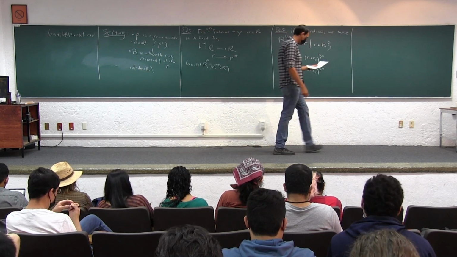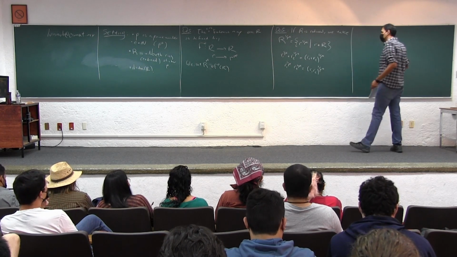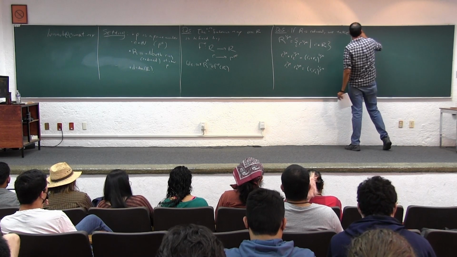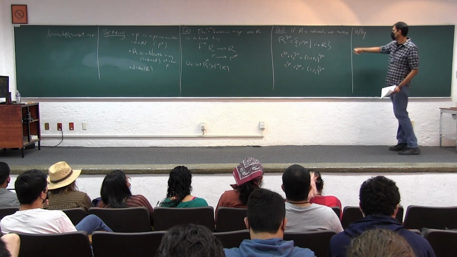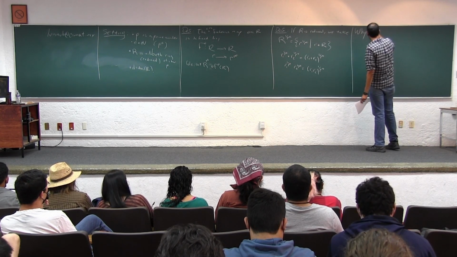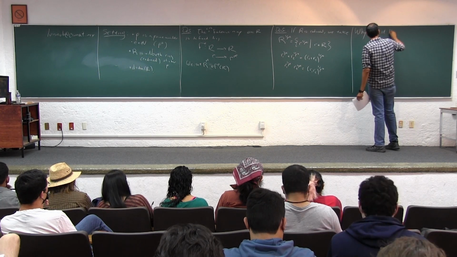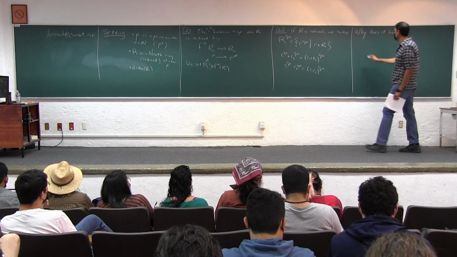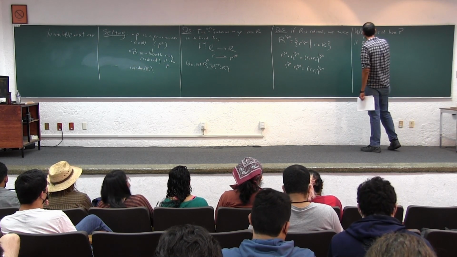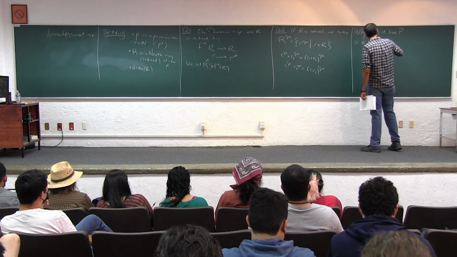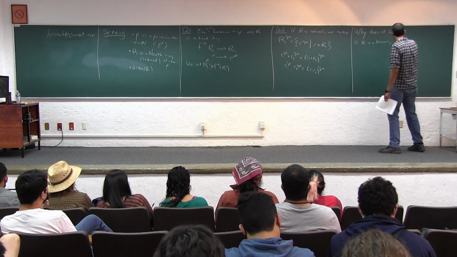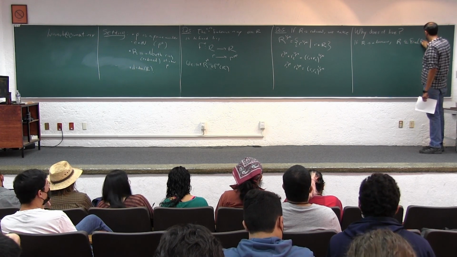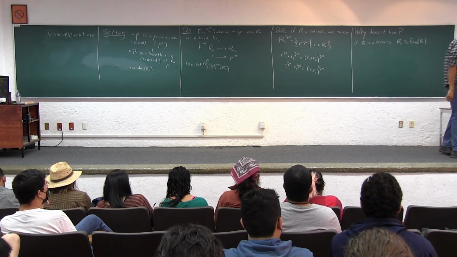Now, I said formally, but I did not define that formally. A usual question that I have when I introduce this subject is, where does it live? So if R is a domain, we have that R is contained in its fraction field, when we localize at the prime ideal given by 0.